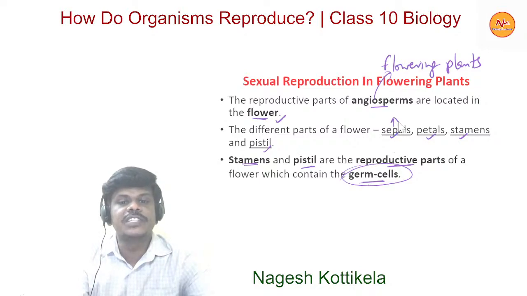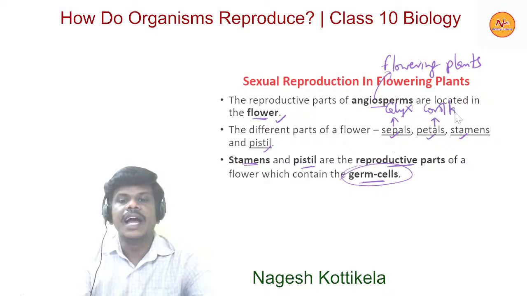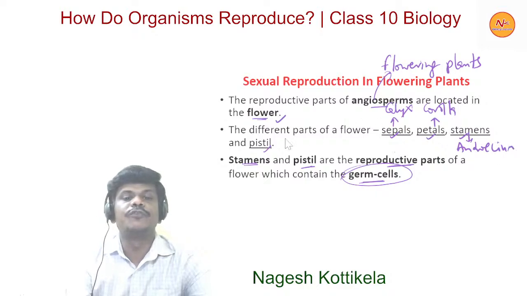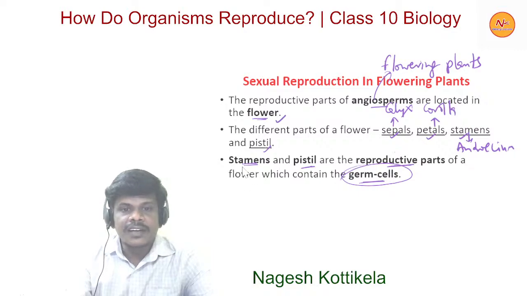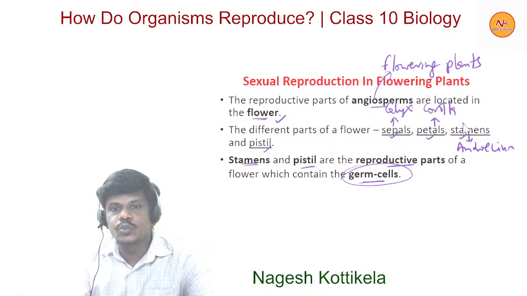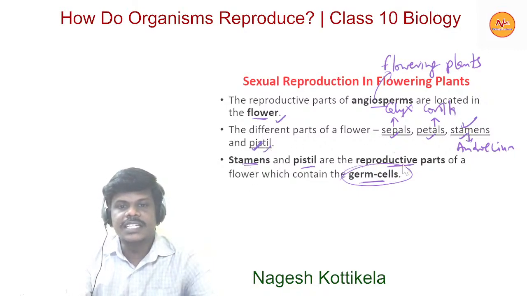Here group of sepals form calyx, and the group of petals form corolla. Okay, and stamens group will form androecium. And the fourth whorl is gynoecium. Now the stamens and pistil, these two, are the reproductive parts.